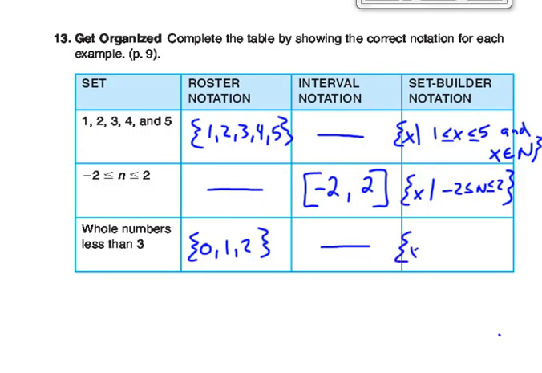I can do that, x such that I have x is between 0 and 2, and I'm including 0 and I'm including 2. But this time I have to put a disclaimer on it, and x belongs to the whole numbers. I need it to belong to the whole numbers. It can't be all those decimal points.